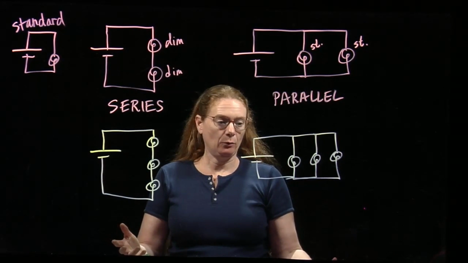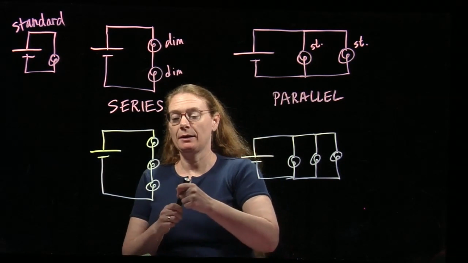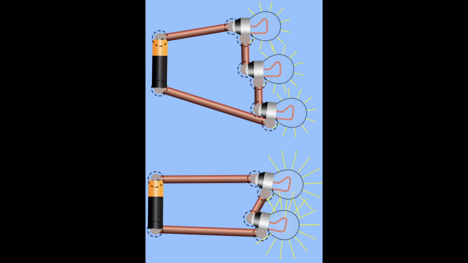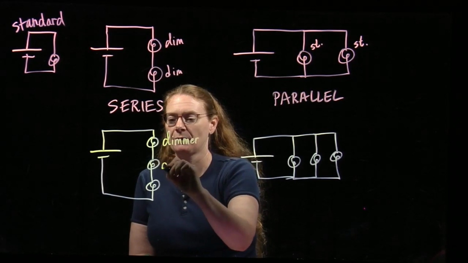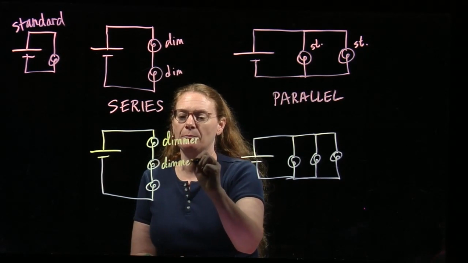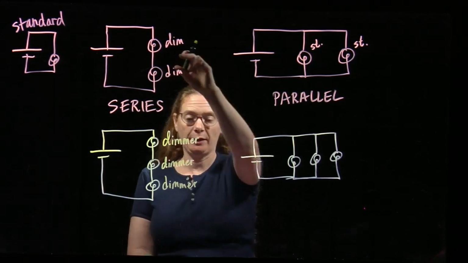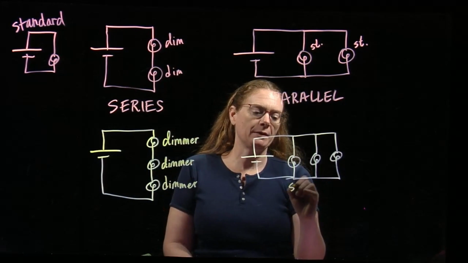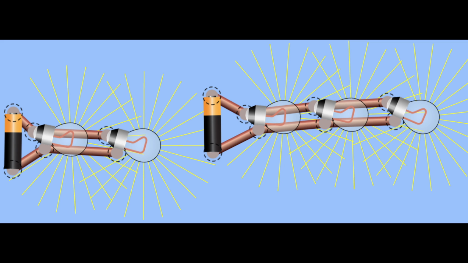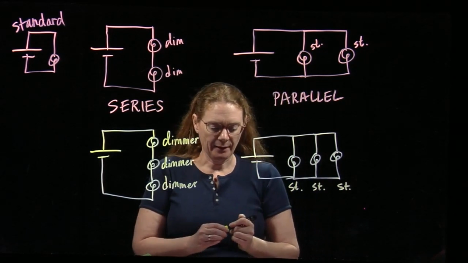It turns out that these are even dimmer than before, and still equally dim. They are equal to each other and even less bright than those. Whereas here, standard brightness, standard brightness, standard brightness.